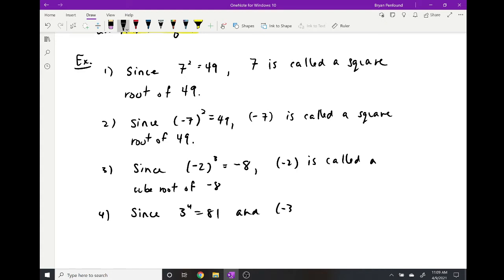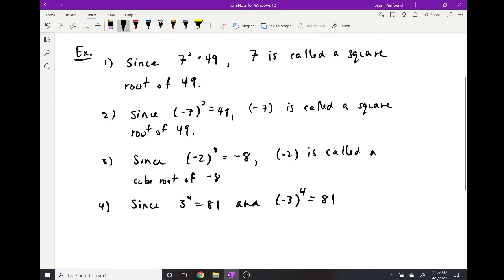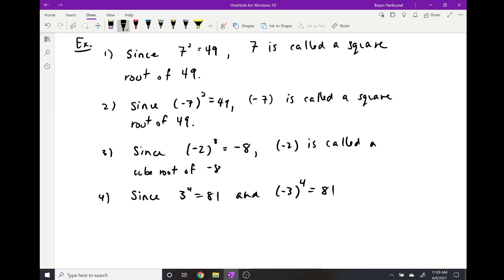And we also know that if we do this with negative 3, we also get positive 81, because all of those negative signs end up multiplying together to give us a positive sign overall. So those are our two fourth roots of the number 81.